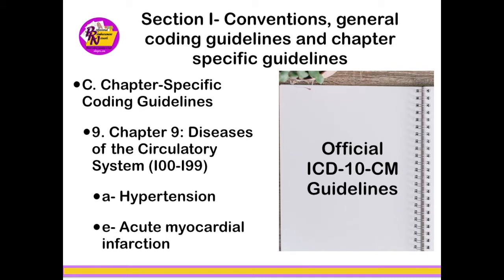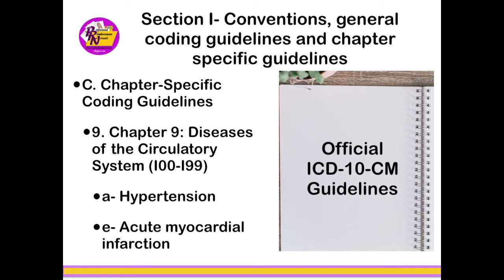Do not assign I24.8, other forms of acute ischemic heart disease, for the demand ischemia. Sequencing of type 2 acute myocardial infarction or the underlying cause is dependent on the circumstance of admission.